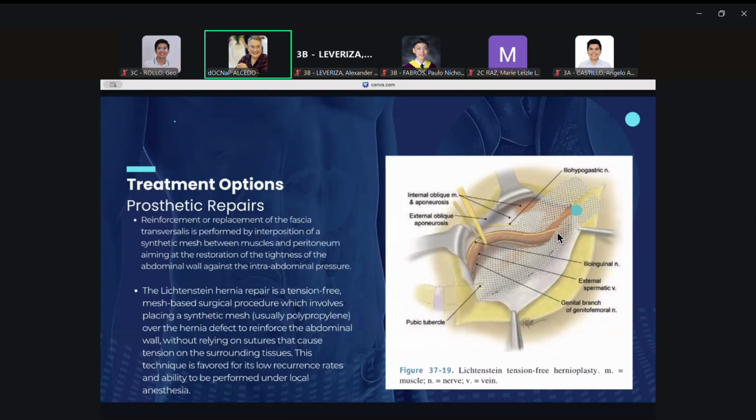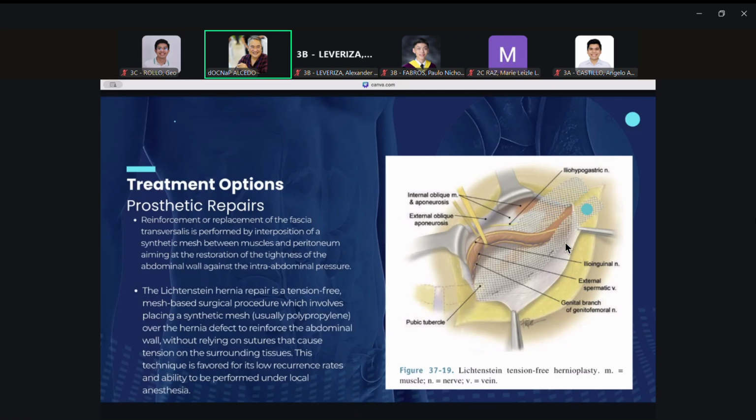And after ensuring that there is no tension in the cord structures, you put a keyhole, and of course, you anchor your mesh into the same area where you're supposed to suture when you do your Bassini or your McVeigh repair, no? Which is into the inguinal ligament and into the TAATF. Okay?